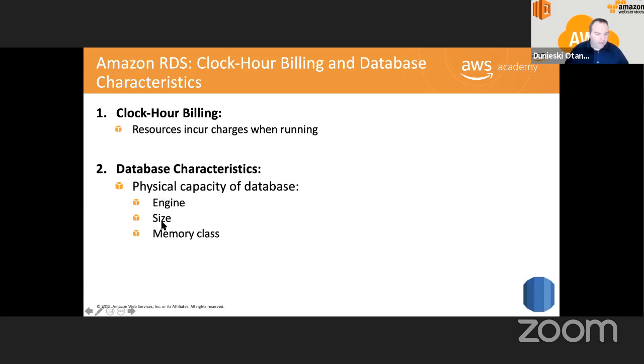The size of the database, how big it is, right? Especially the class. We chose T2 micro, the memory class. The size is about how many gigabytes, and the memory class is T2 micro.